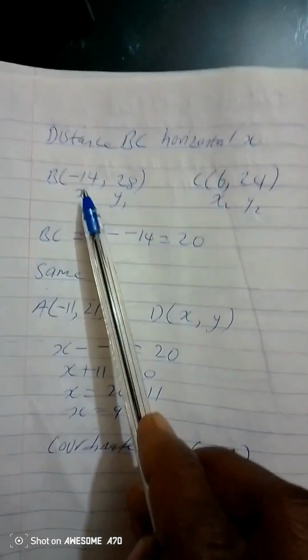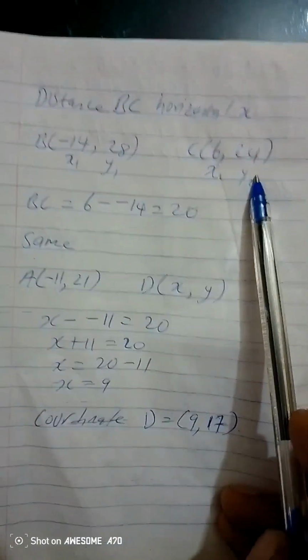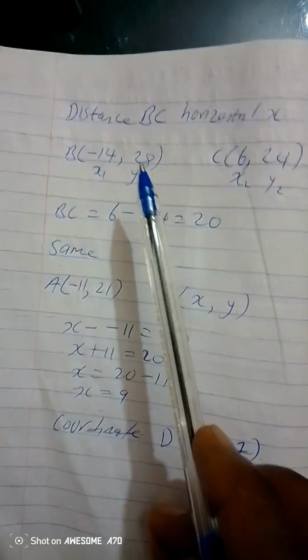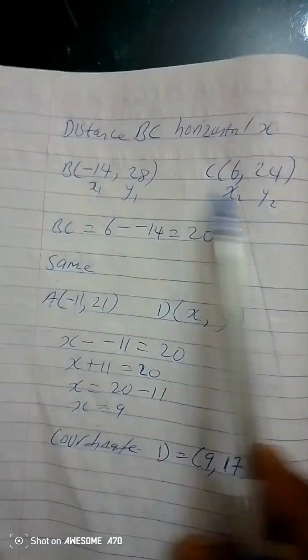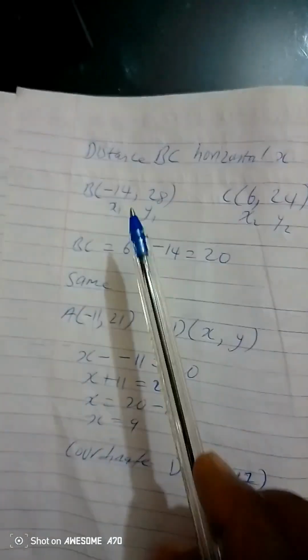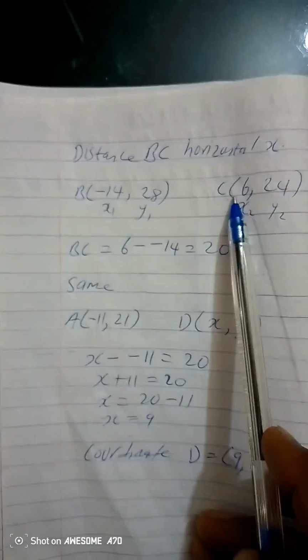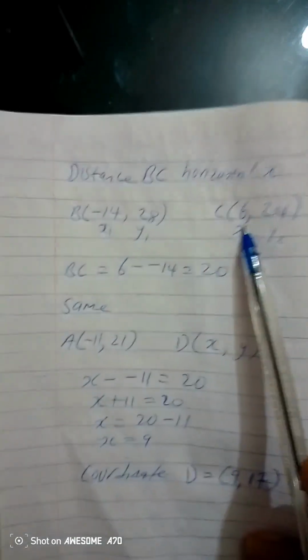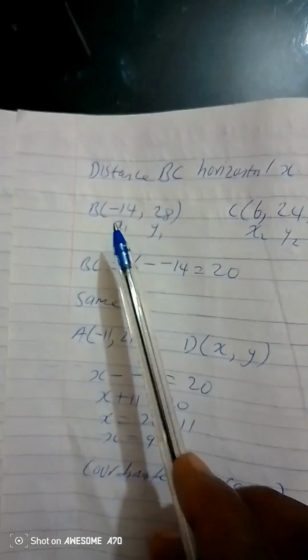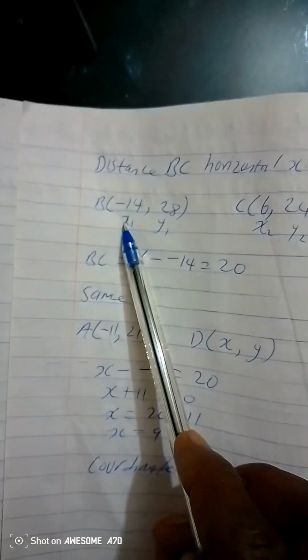To get the distance in the y direction, it's y2 minus y1. But this is horizontal, so we're not considering the y. You can only use the x-axis for horizontal. So do 6, which is the x2, minus minus 14. That will give us 20.